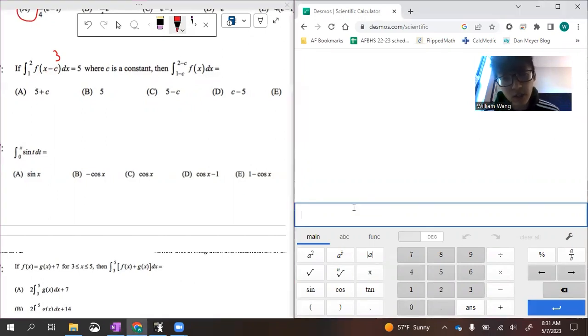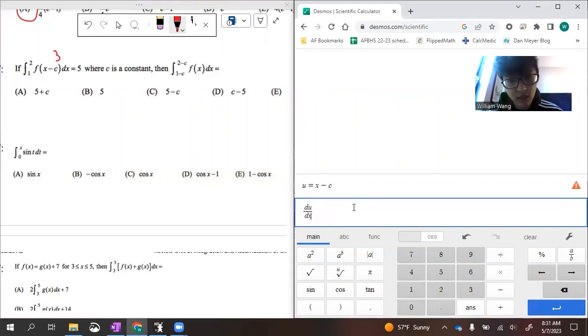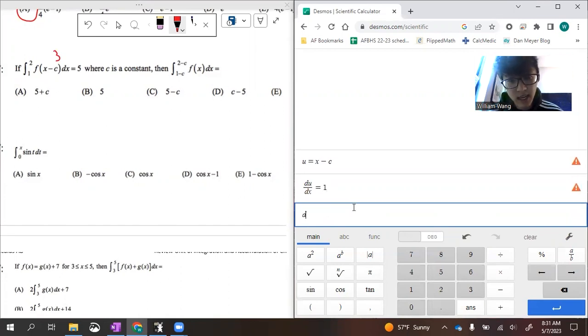Basically, if I were to do a u substitution where u is equal to x minus c, du over dx is equal to just 1, so dx is equal to du. My u substitution doesn't change anything.